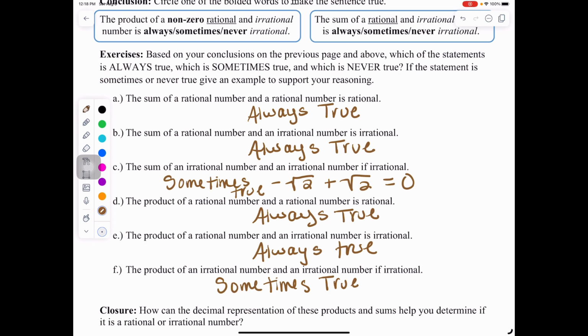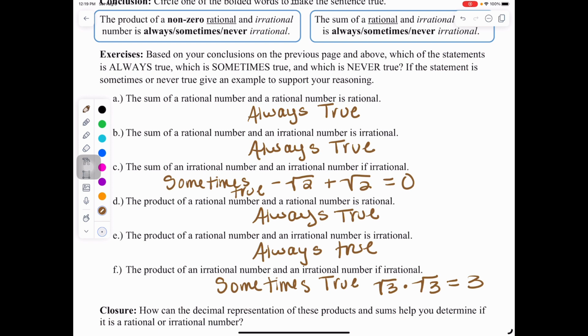So let's say product of an irrational number, like square root 3 times itself, square root 3. If I take square root 3 and times it by itself, we're just going to get 3. So there's an example of irrational times each other, and my answer isn't irrational.